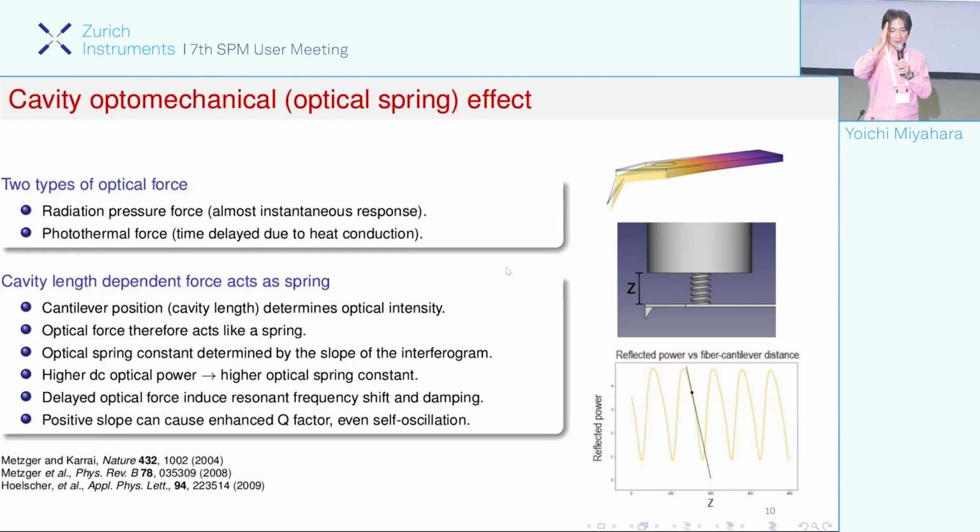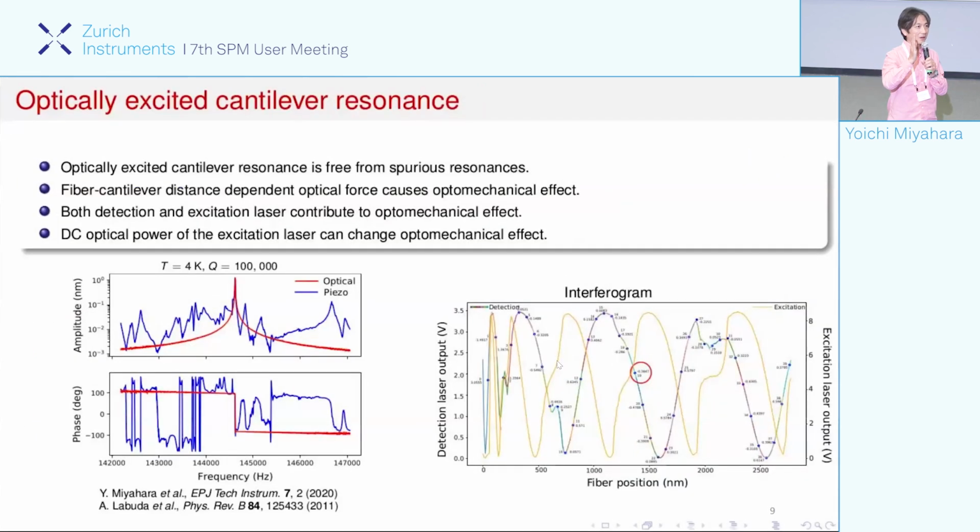Since the intensity changes as a function of cavity length, it acts as an optical spring. This can change both the Q factor and the cantilever resonance frequency. Now that we have 2 lasers, things get more complicated. What we are interested in is which position is most optimal for our measurement in terms of noise and controlling the PLL and so on.